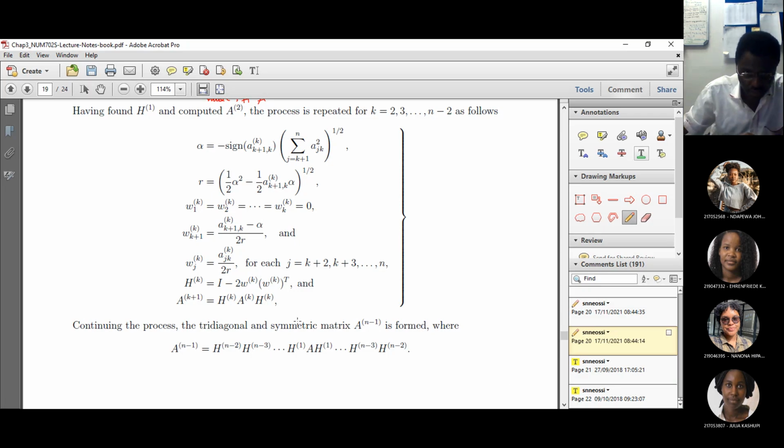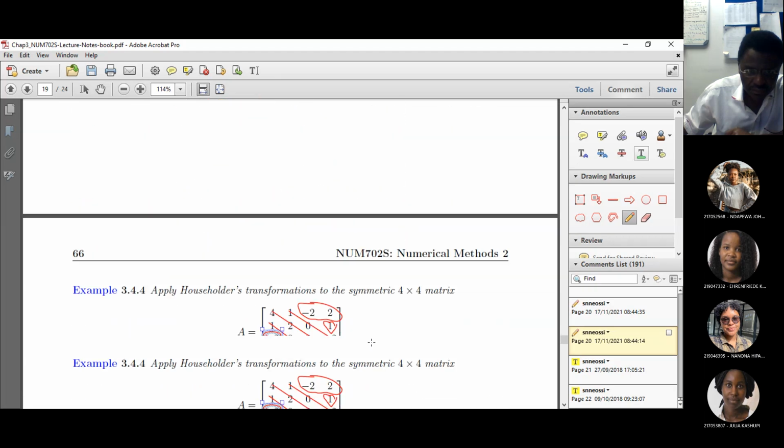Remember we say we compute up to AN minus 1. So if N is 3, 3 minus 1 is 2, so we will compute A2.